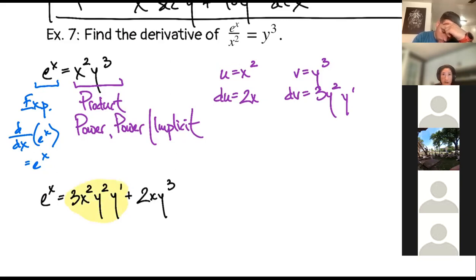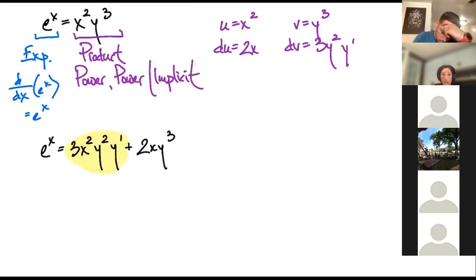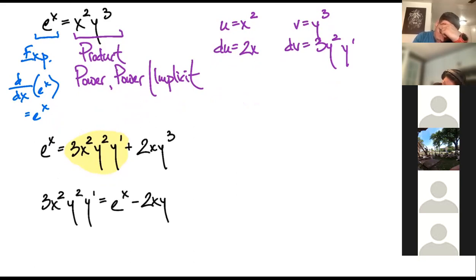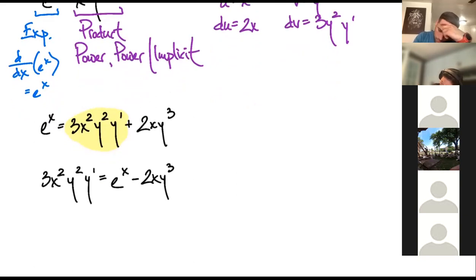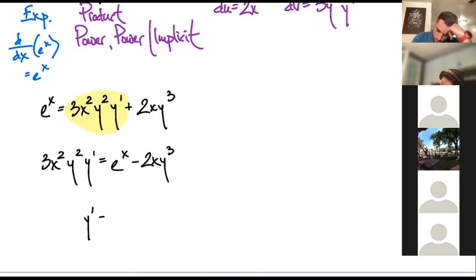How many of them are there? There's only one. So that means that we just need to subtract that 2xy cubed and then divide by whatever's in front of our y prime. Okay, so 3x squared y prime equals e to the x minus 2xy cubed. And then we divide, we get y prime equals, and that's how we know we've gotten to our final answer.